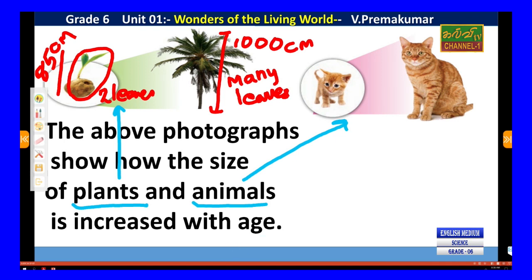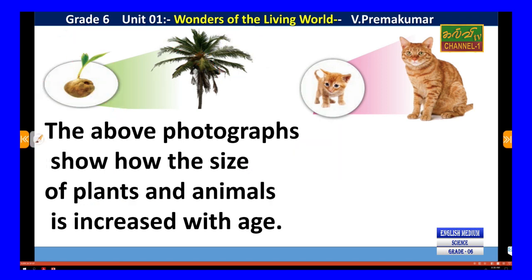The fruits, the coconuts, are here. So little by little it grows. Therefore grade 6 students can understand that the plant increases its size.